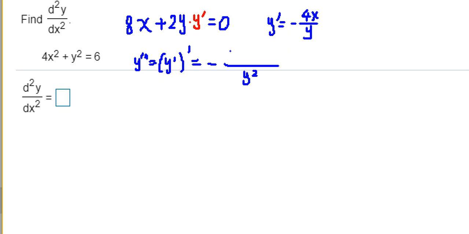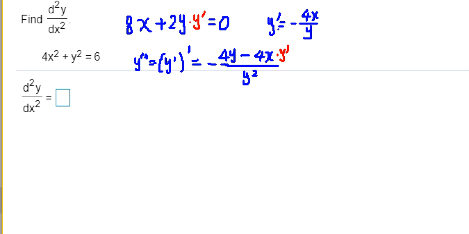In the numerator, we have low d high, so low is y times d high, which is 4, so I'm just going to write 4y, minus high d low, so 4x. The derivative of y will be y prime, right? Times y prime. So be careful about that.